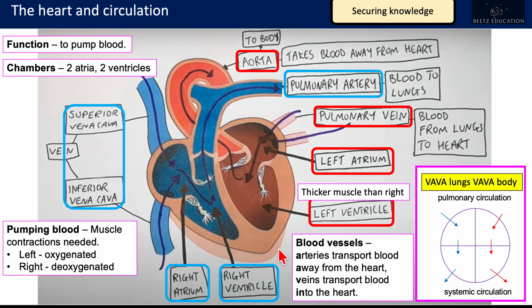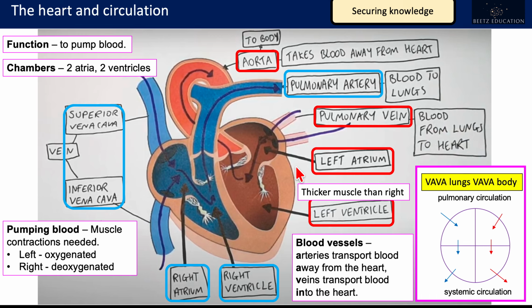Now, in order to remember the flow of blood through the heart and the connecting blood vessels, one way of remembering this is using vava lungs, vava body. Okay, and we've got this simpler image that's popped up here to help us remember the flow of blood.